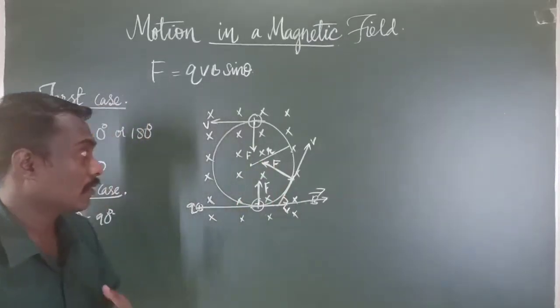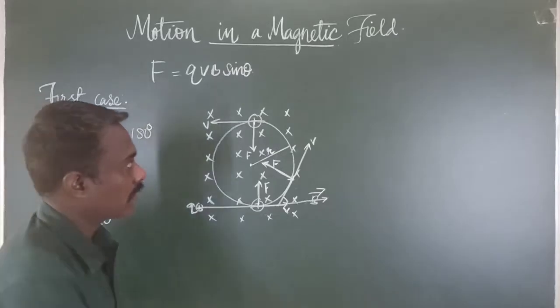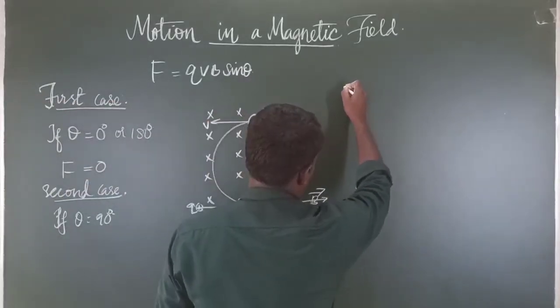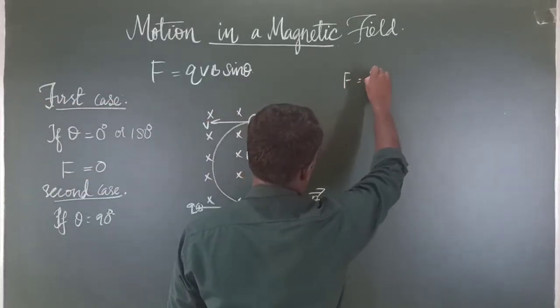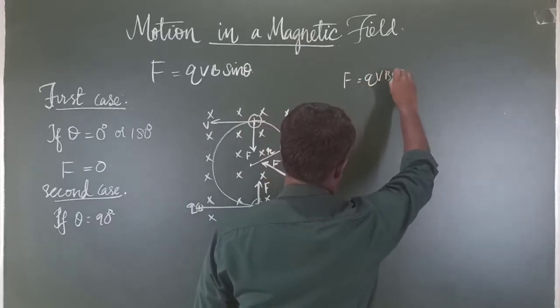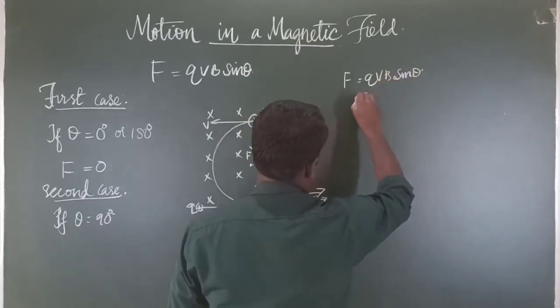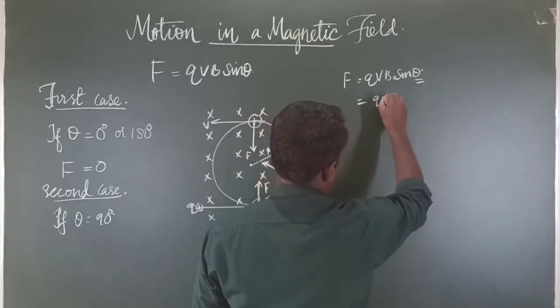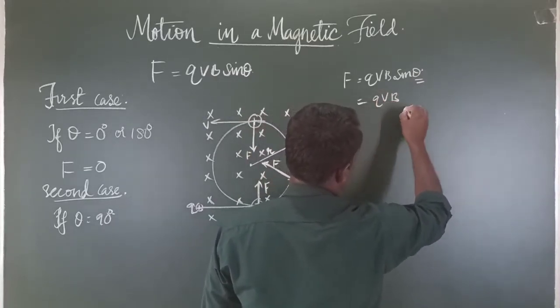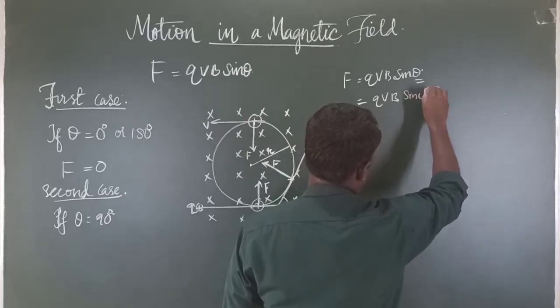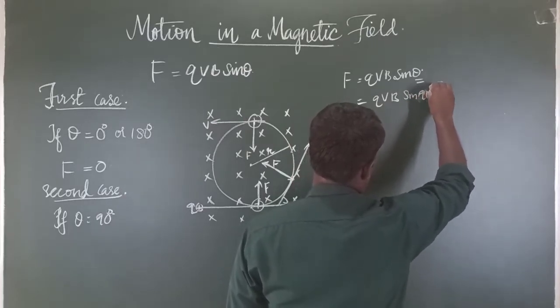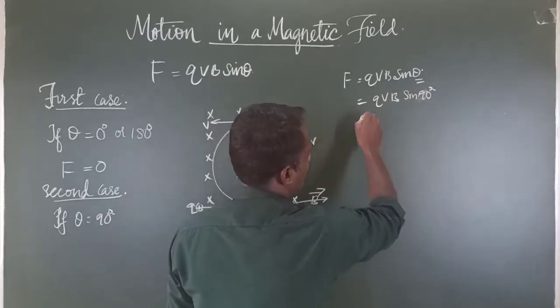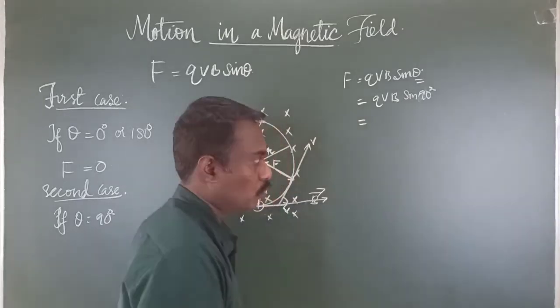Then what will be the magnitude of that force? We know that the force exerted on a moving charge F is equal to QVB sin theta. And if the angle is 90 degrees here, we write Q into V into B sin 90 degrees. The value of sin 90 is equal to 1.